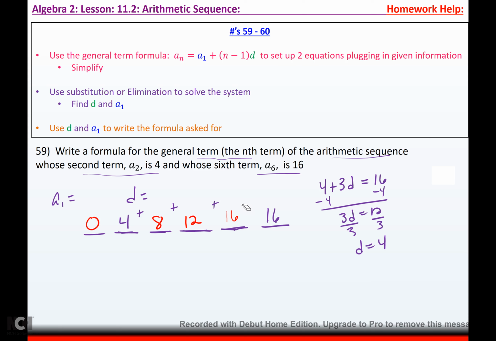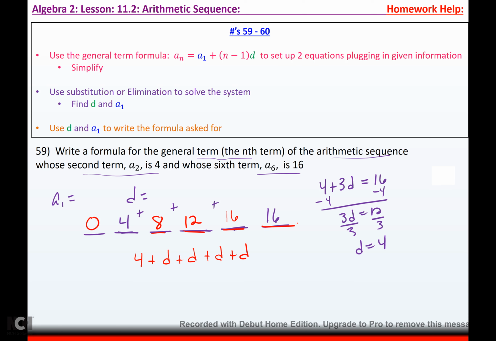Well, that didn't work very well. Why isn't it working? 4 plus 4 is 8, plus 4 is 12, plus 4 is 16. It's got to be 4 plus d plus d plus d plus d would give me this term, plus this d gives me this term, plus d gives me this term, plus another d gives me this term.